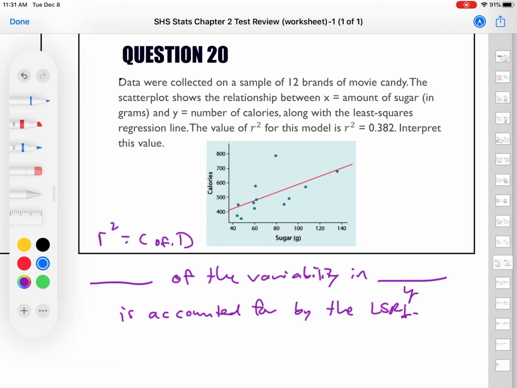So again, you're taking this number and multiplying it by 100 to get a percent. So 38.2% of the variability in the Y, which is calories, is accounted for by the least squares regression line.